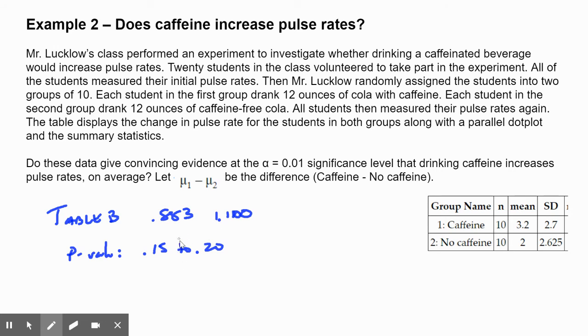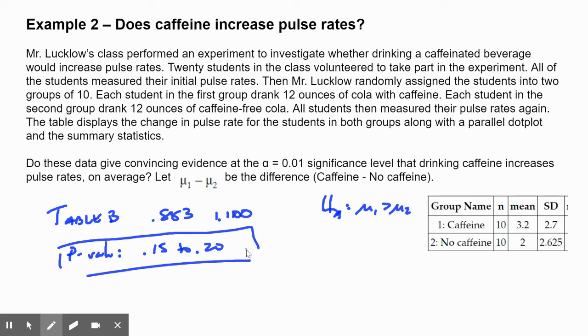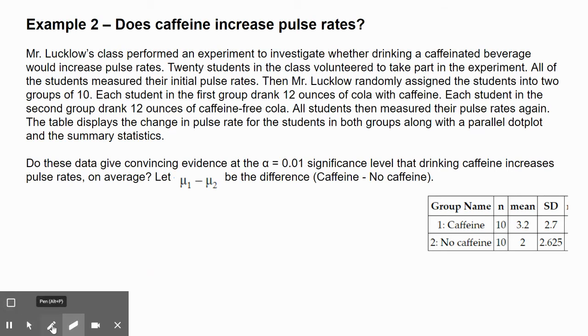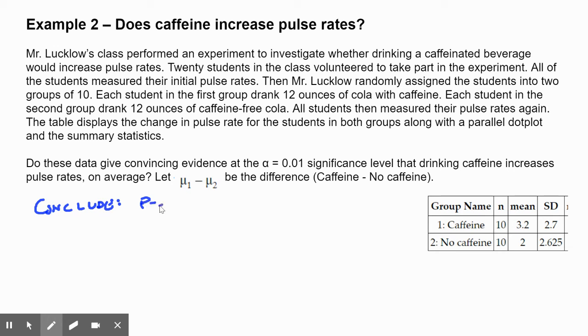And again, I might have to multiply these by 2 if the test is a two-sided test. But the alternative hypothesis is saying that mu1 is greater than mu2. That's one-sided, so leave it alone. So there's your p-value, 0.15 to 0.20. Okay, and now we need to conclude. When we do our conclusion, we always compare the p-value to the significance level.